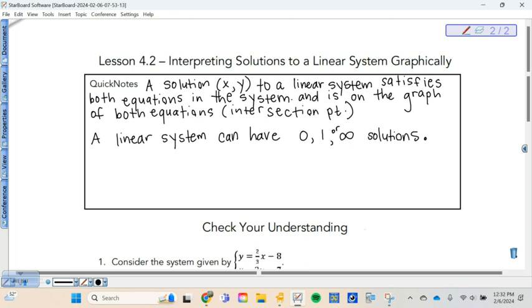Zero, 1, or infinite. That symbol is infinite. It's just a sideways 8. Okay, and we're going to draw an example of each of the 3 types of systems. So draw 3 little coordinate planes.